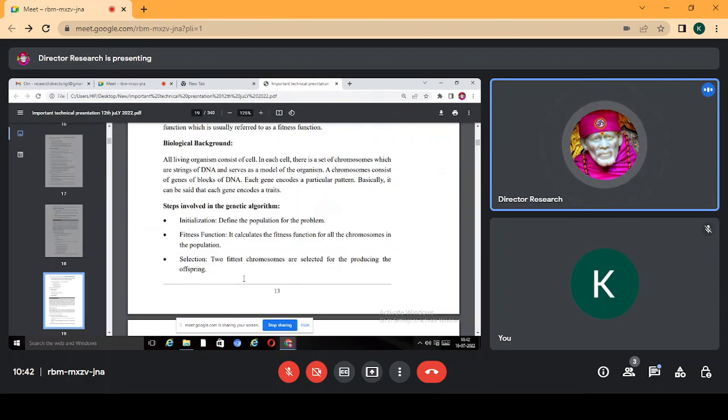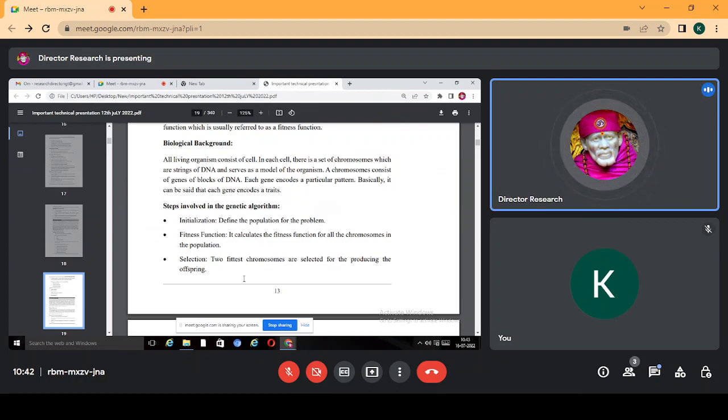In each cell, there is a set of chromosomes, which are strings of DNA and serve as a model of the organism.